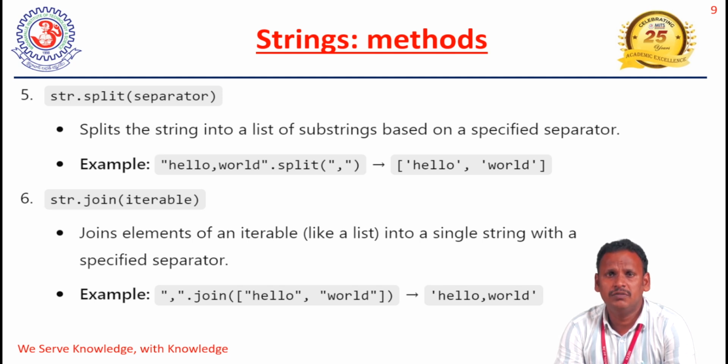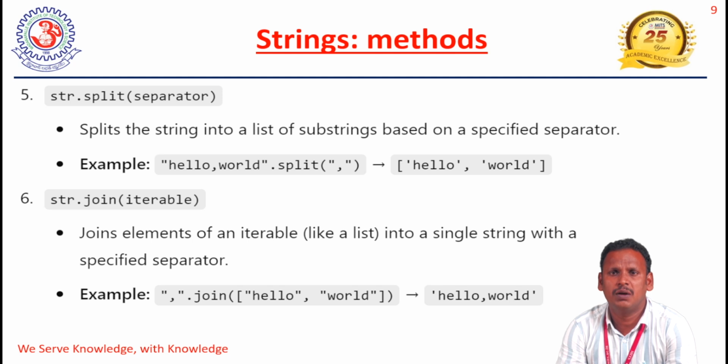That string will be combined with each and every element of the iterable object. Here, join is taking as its argument a list of two strings, hello and world. It will join the strings by separating them with a comma. So the iterable object is hello, world having two elements, and your joining string is comma. Then the resultant string is hello comma world.